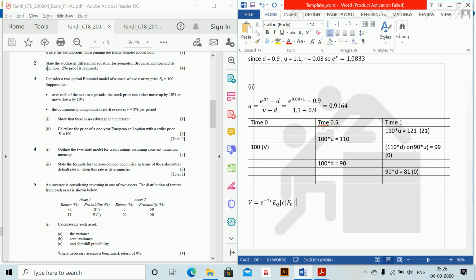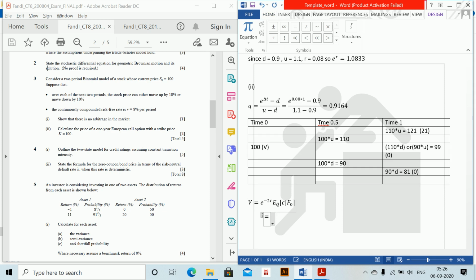Okay, so e to the power minus 2r into 21 q squared plus 0 into 2q into 1 minus q plus 0 into 1 minus q squared, bracket close.